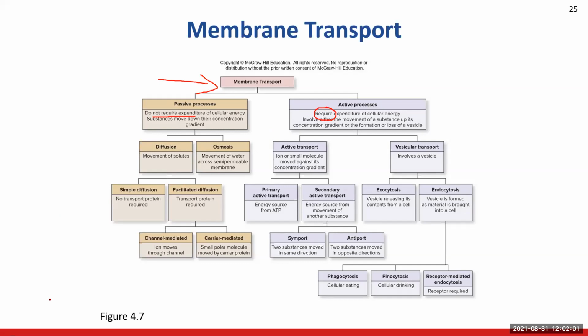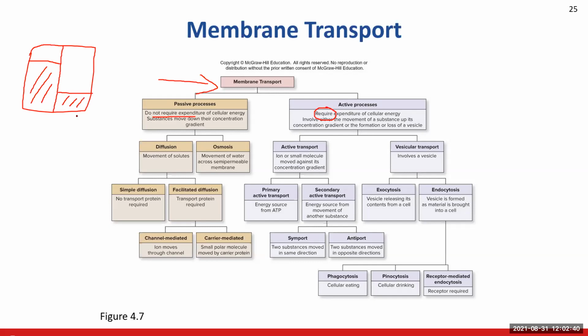Another quality of passive processes, we're going to move substances down their concentration gradient. What does that mean? Here's our cell. And on one side of the cell, well, that's not even a cell. Don't even worry about that. We're going to divide it in half. Okay? So you have a lot of substance A on our left side of our structure here. And then you have very little of substance A on the right side.